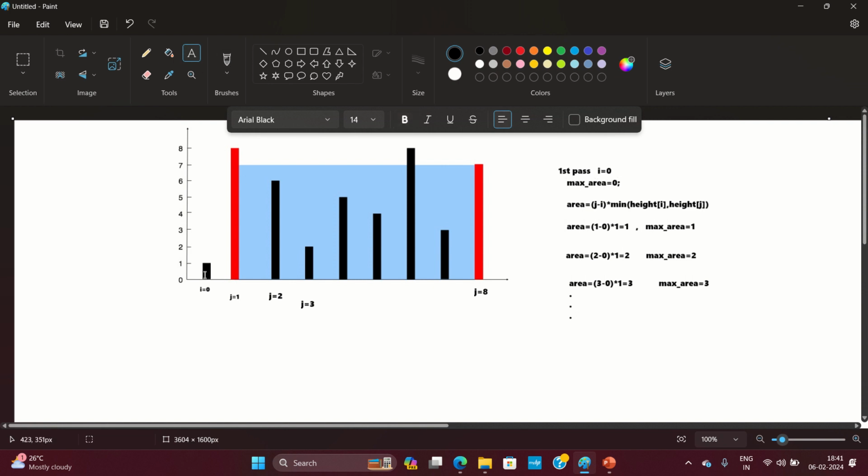Actually what we are doing in the brute force approach, we are first considering keeping one slab fixed at a time, and then comparing with all the other slabs, right?